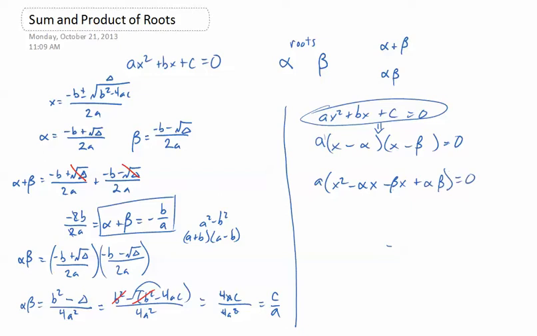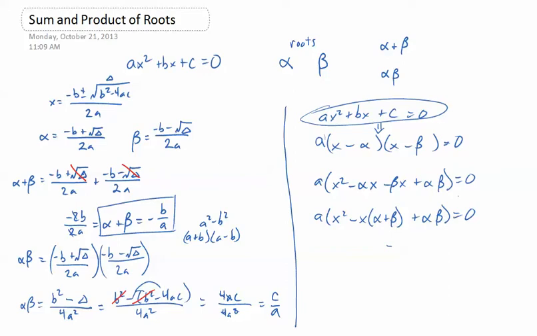Now I notice that both of these have an x, so I'm going to rewrite that: x squared minus x times alpha plus beta, plus alpha beta equals 0.